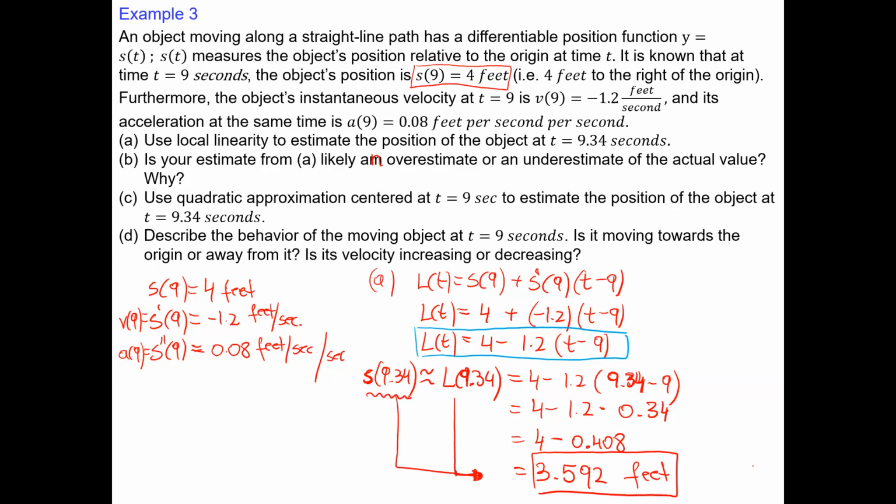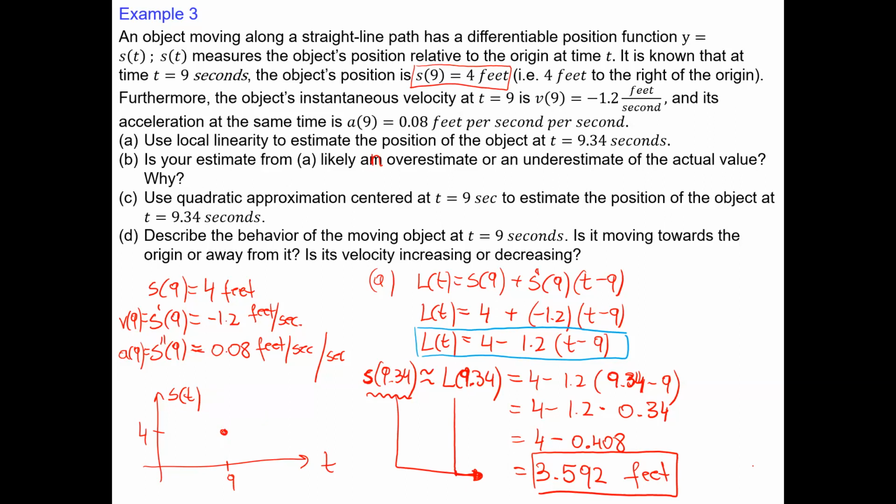But we may think, if this is time and this is the position, and the situation is at 9. At 9, it's 4 feet, because this is time in seconds and the position is in feet. We don't have the graph or the formula, but we have that data.